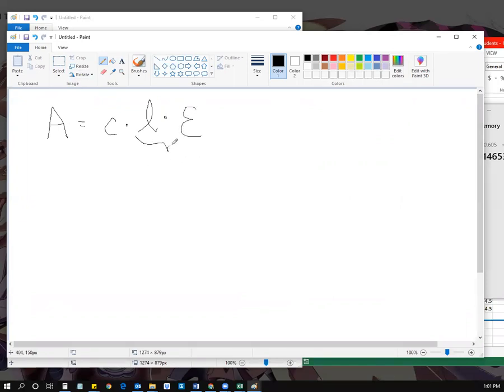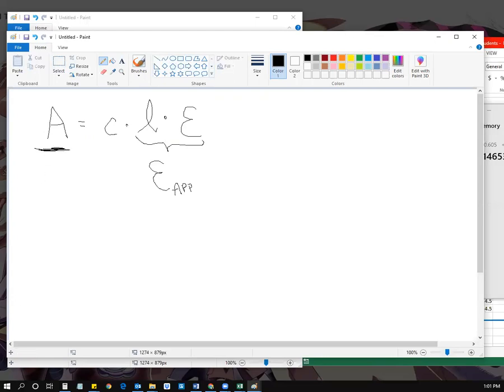We don't have path length. Path length and the extinction coefficient of the test tube have been integrated into one entire unit called the apparent extinction coefficient. So that's essentially what we're going to use here for these calculations: absorbance equals concentration times apparent extinction coefficient.